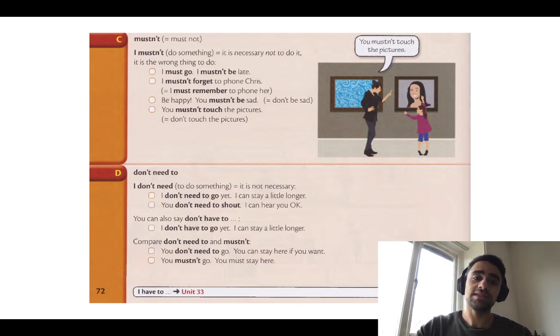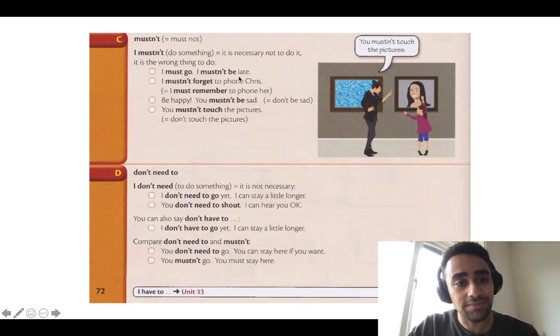So mustn't means you don't have to. It's not necessary to do it. So it doesn't mean you have not to do it. It means you don't have to do it. I must go means I need to go now. I mustn't be late. I can't be late.